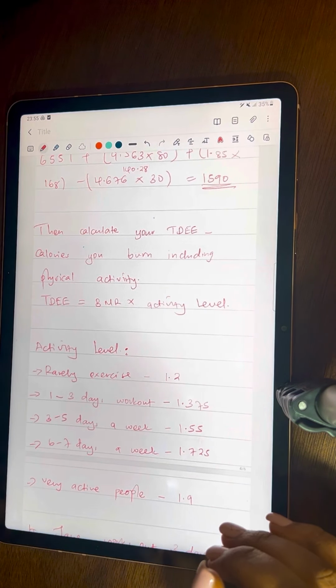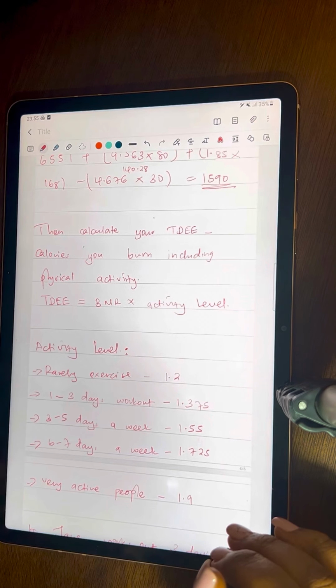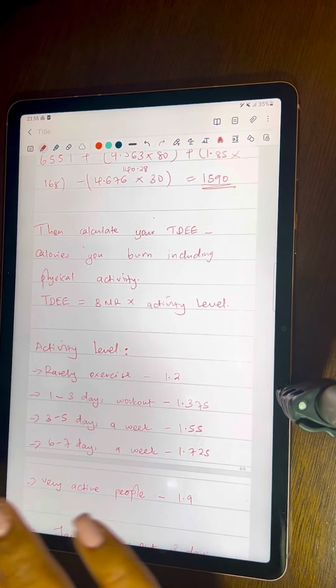So that's what we call the total daily energy expenditure. And we get it by taking your BMR times your activity level.